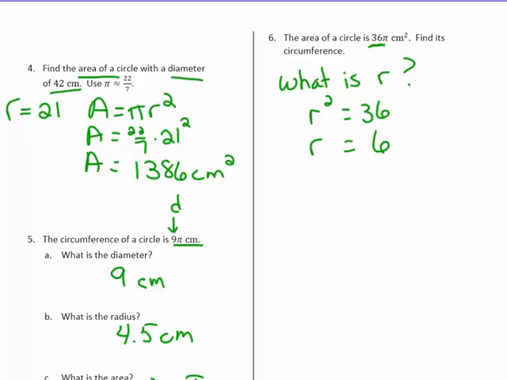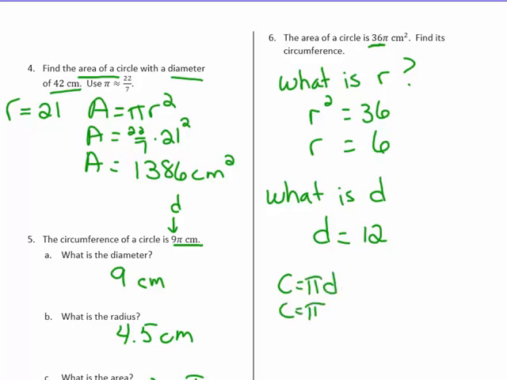Then I need the diameter. Your diameter is going to be 6 doubled, which is 12. Now I can find the circumference. C equals pi d. This time I'm going to do an exact, even though it didn't necessarily say that. And centimeters. If you want to rewrite it as 12 pi centimeters, you absolutely can do that.